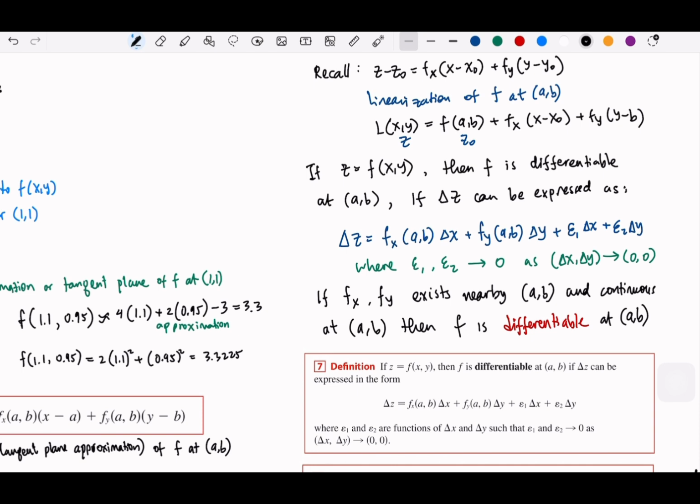This happens for delta x and delta y, which can go to 0, and as implication, the epsilon will also be 0. But I think the last part here is quite important. If you know that partial x and partial y exist nearby this (a, b), it means, if you can imagine the way we zoom in on the surface at some certain point, and they are continuous at (a, b), we can simply say that they are going to be differentiable.